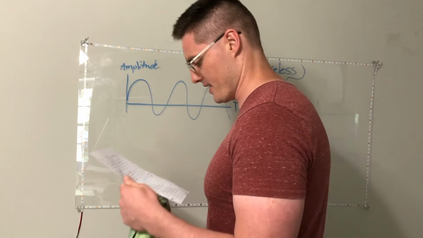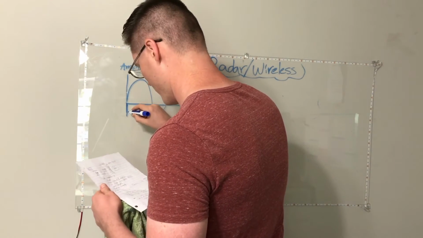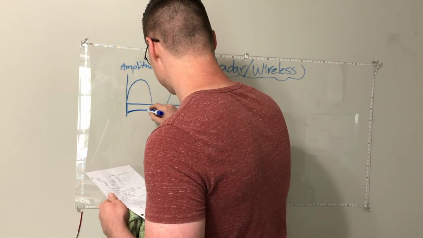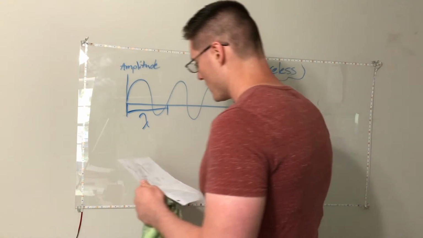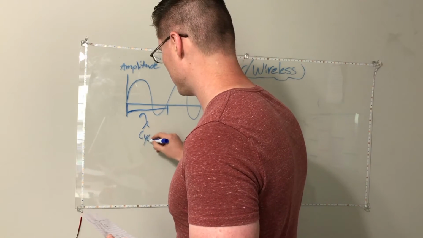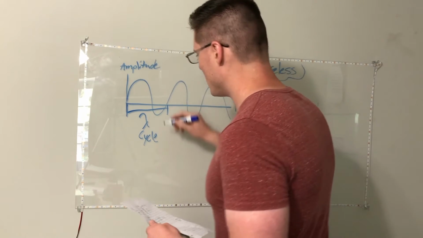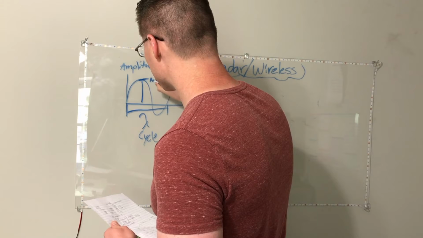So it's going to start at 0. And in this case, we have the wavelength. And you can also consider this a cycle. Amplitude is how high it's going to go up. So that's the amplitude.